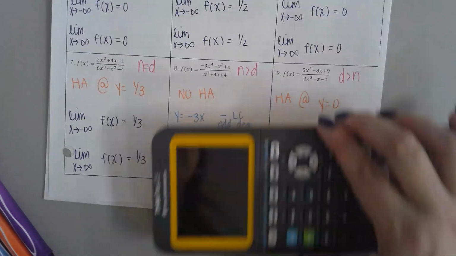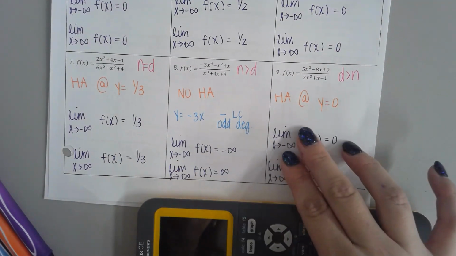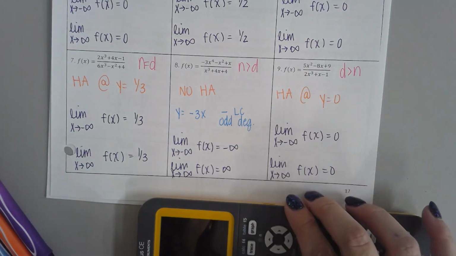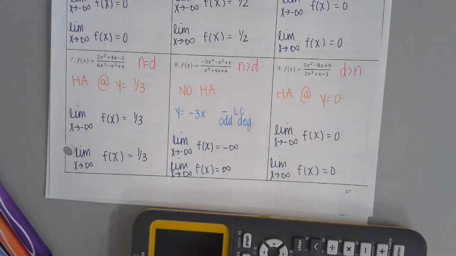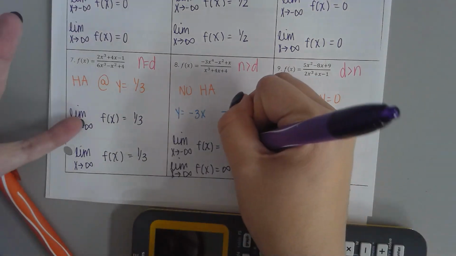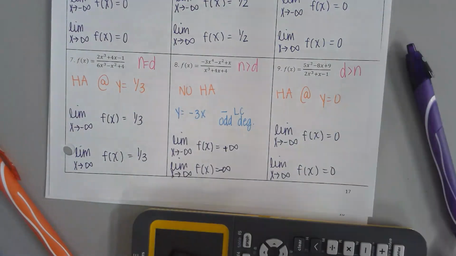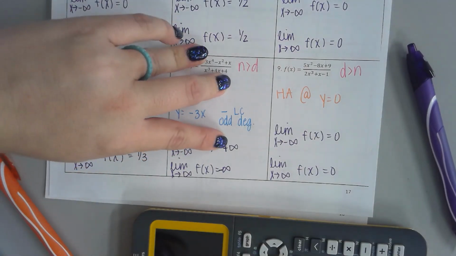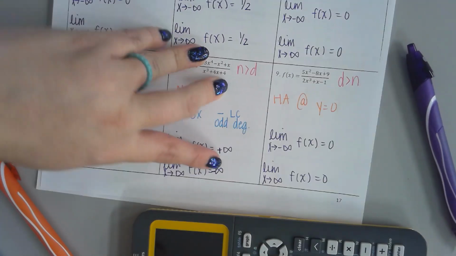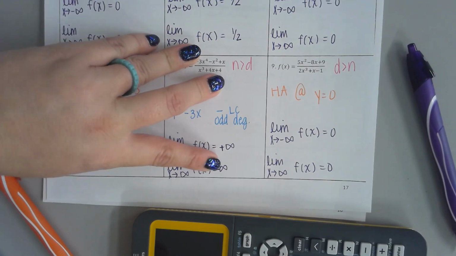And so on this one, I think I did it backwards. Yeah, I did. Should be positive and then negative. Positive infinity and then negative infinity. So on the left side, your arrows would be pointing up, which is why I put positive infinity, and on the right side they'd be pointing down, which is why I put negative.